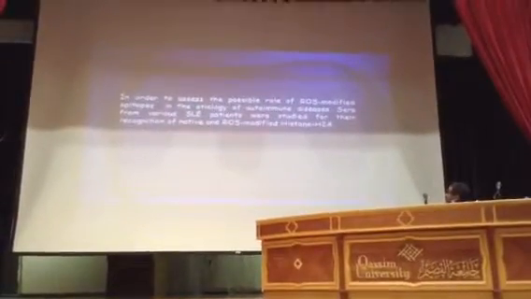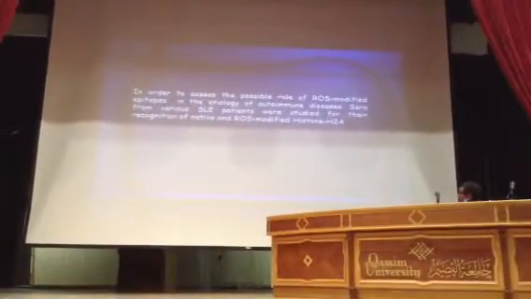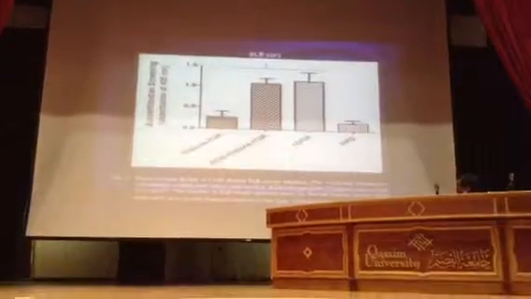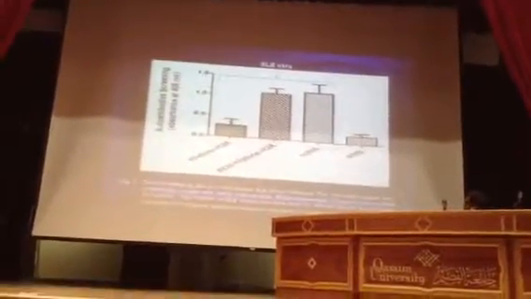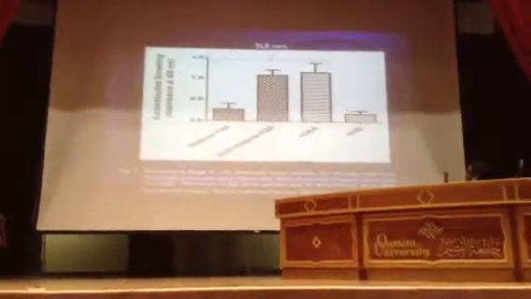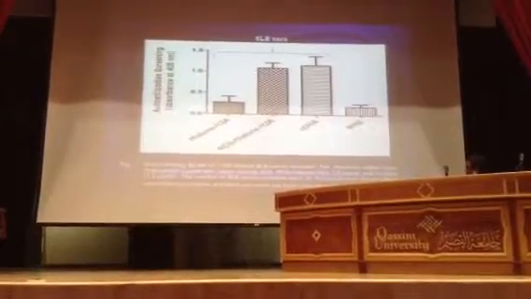In order to assess the possible role of ROS modified epitopes in the etiology of autoimmune diseases, sera from various SLE patients were studied for their recognition of native and ROS modified histone H2A. This is the direct binding ELISA of 1:100 diluted SLE serum samples binding to histone H2A and ROS modified histone H2A.